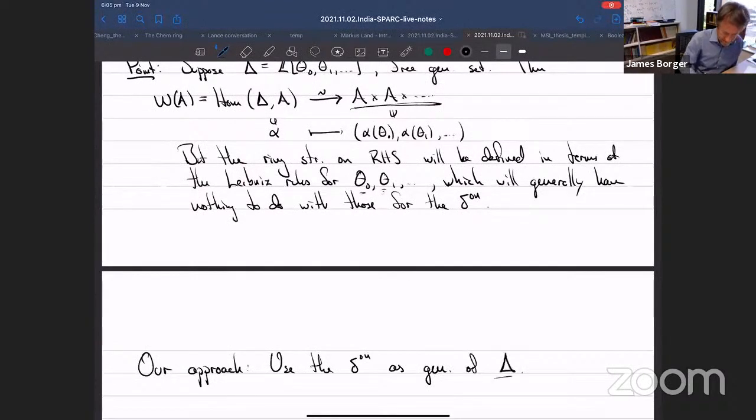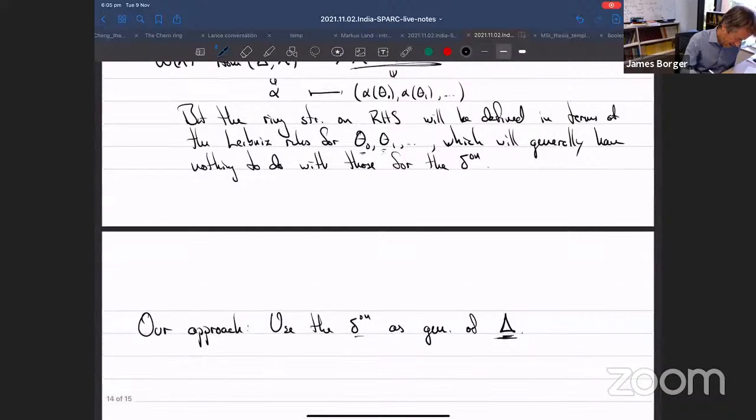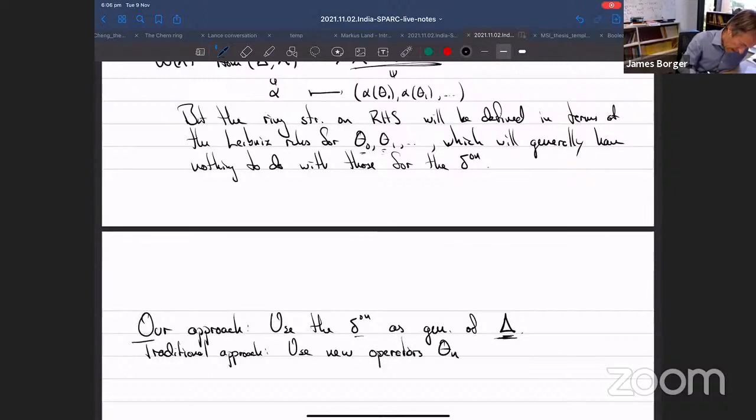In fact, it's a little bit turning things on its head because delta was defined to be the thing generated by these, but in the traditional approach we sort of use some new nonlinear p differential operators. So use new operators theta n.